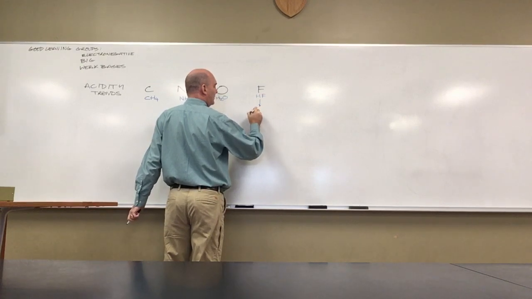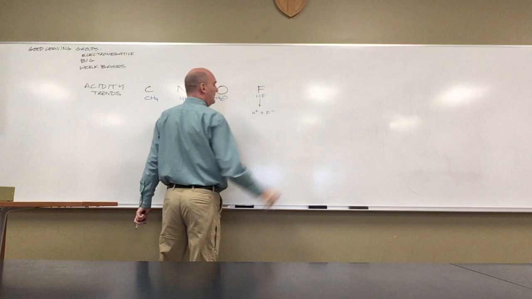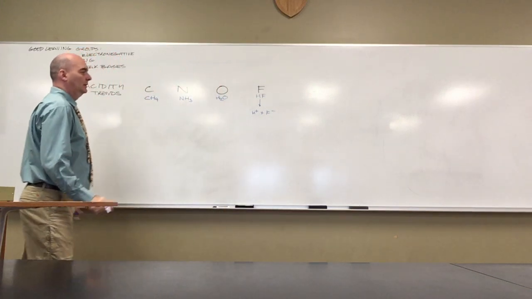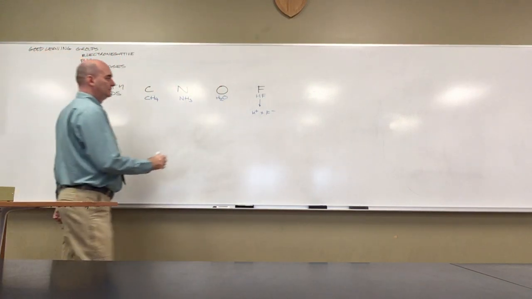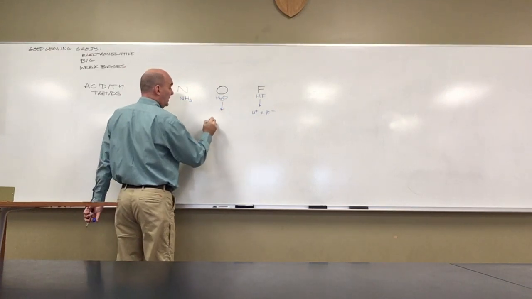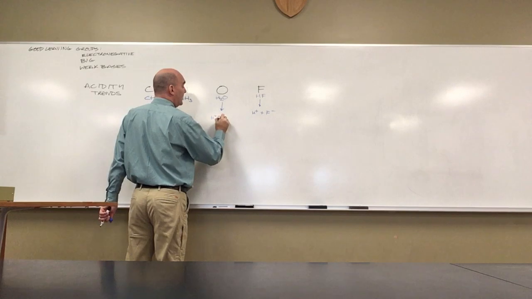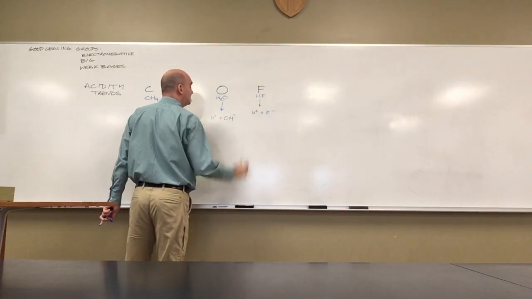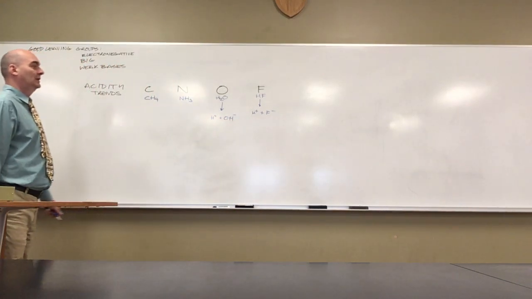HF, if it were an acid, would split apart and make H plus and F minus. H2O, if it were an acid, would split apart and make H plus and hydroxide.